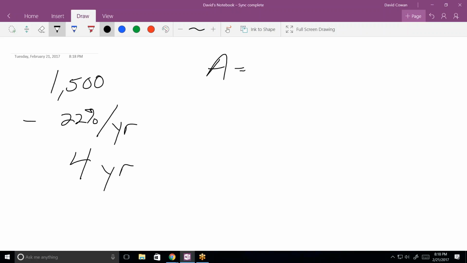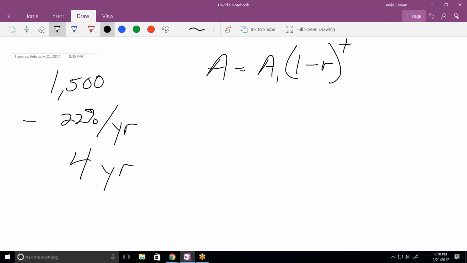A equals a(1 plus r)^t. I also had another one, (1 minus r)^t. My math teacher also said we could use p plus prt. Correct.